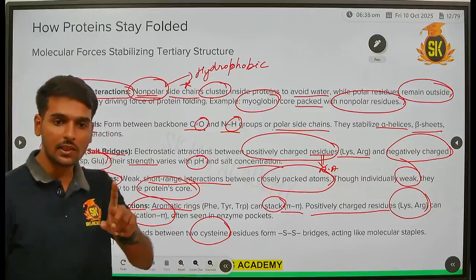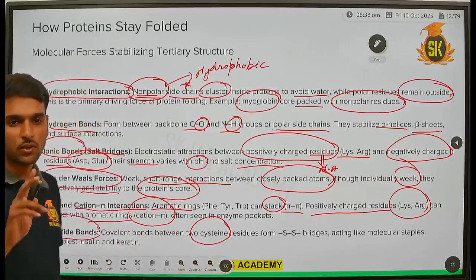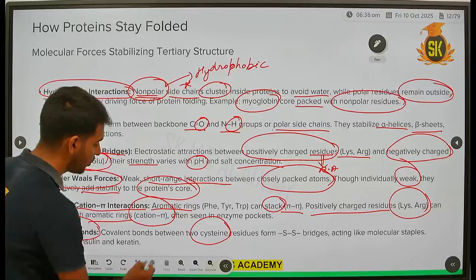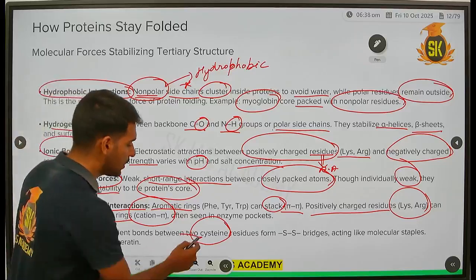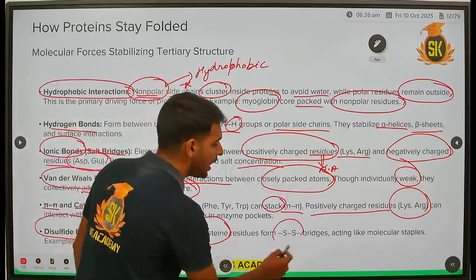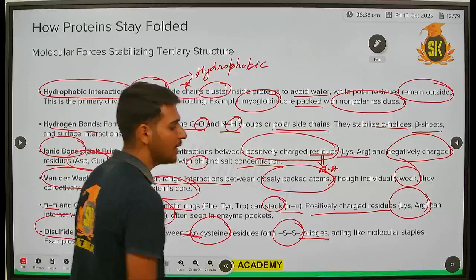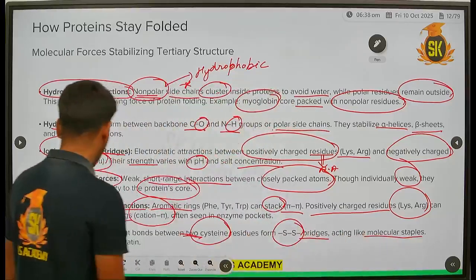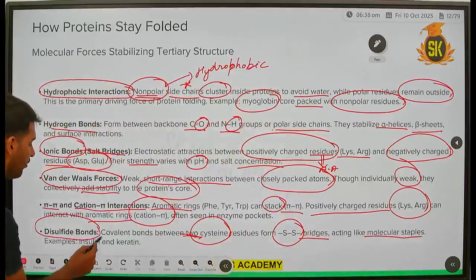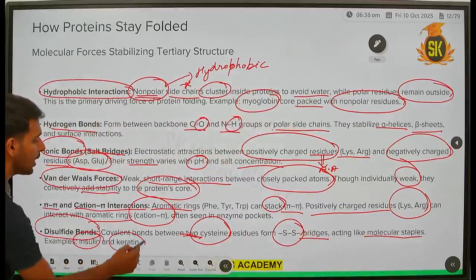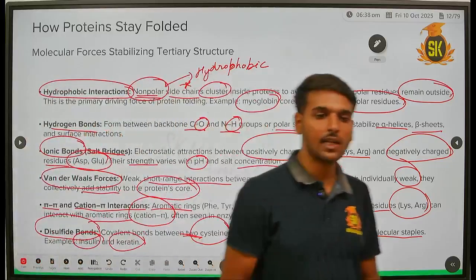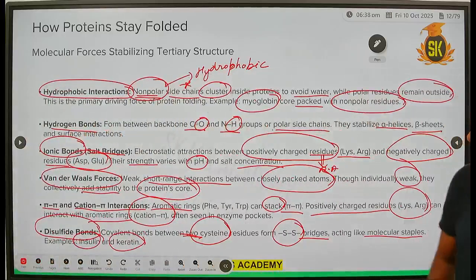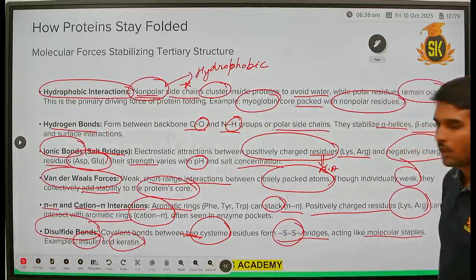That too, not only one cysteine, at least two cysteines. The cysteines will form the disulfide bridges, acting like molecular staples. Example, we have insulin and keratin. Both insulin and keratin contain cysteine within them, and they form your disulfide bridges.